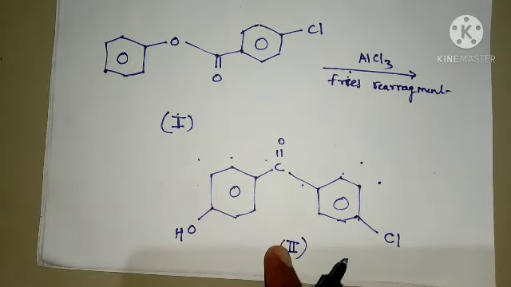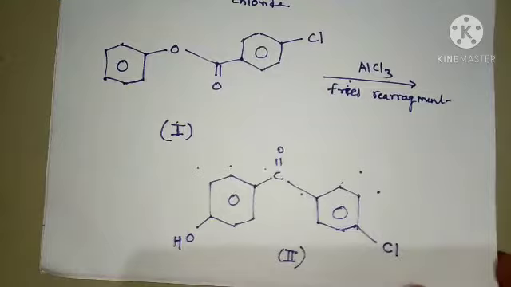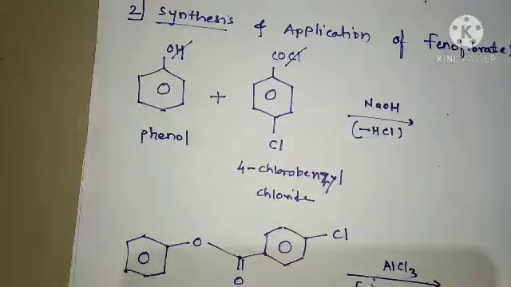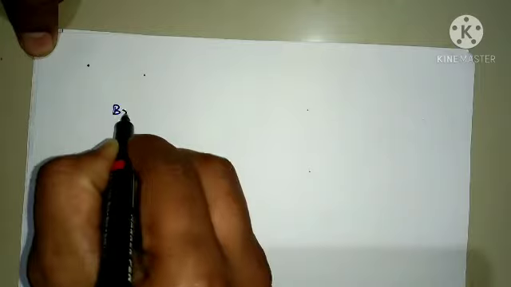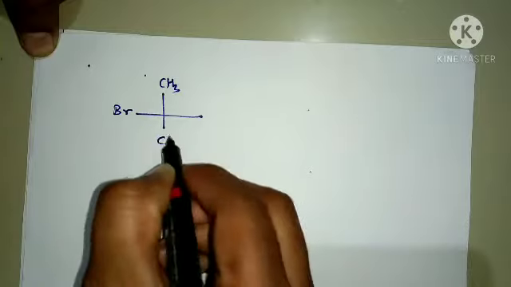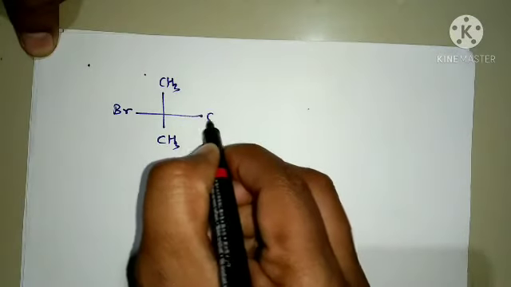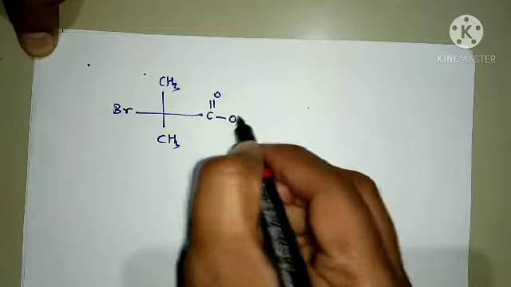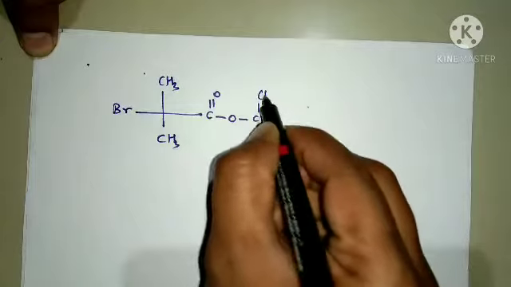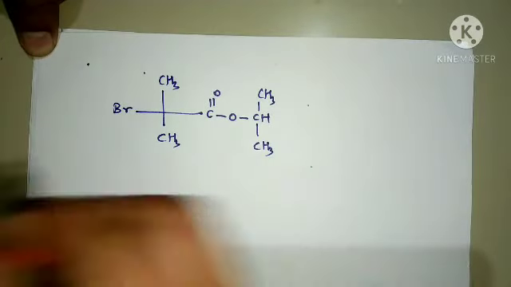This second intermediate reacts with an ester derivative. What is it? The reagent molecule is a bromine compound: Br, CH3, CH3, C double bond O, oxygen, CH, CH3, CH3.